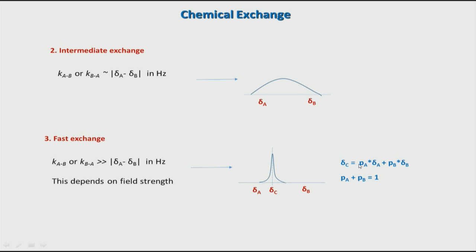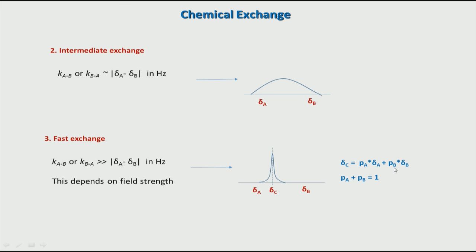So, the population fraction of A and the population fraction of B now determine where the average will come, because with this formula you can see it is weighted based on the population, and it decides where delta C is.